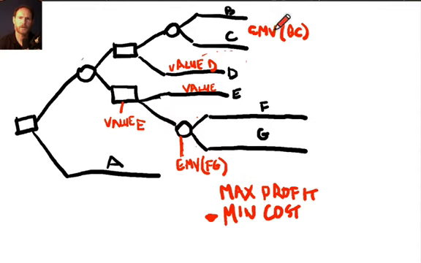We would compare this value with this value. And let's just say for this example, this value is less. Again, we're minimizing costs. So this would put this value back here, EMV BC.